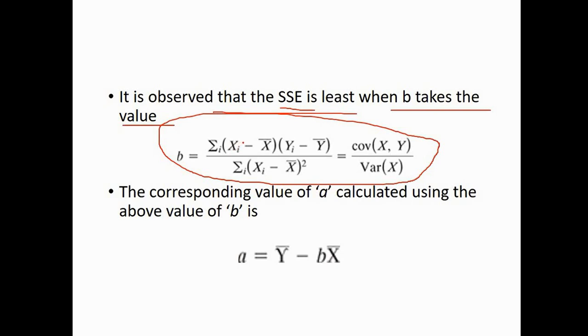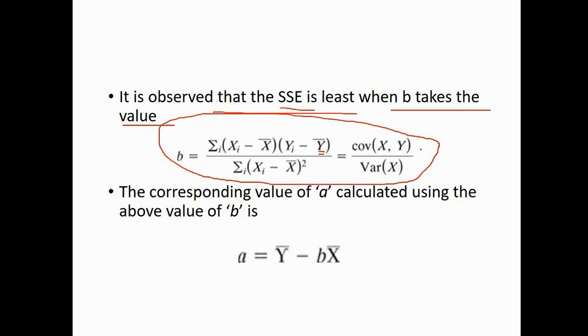So xi is one particular value, x bar is the mean of x, yi is one external value, external marks, and y bar is the average external marks. So the covariance of xy is computed as sigma i for all the values of i, the product of xi minus x bar and yi minus y bar.